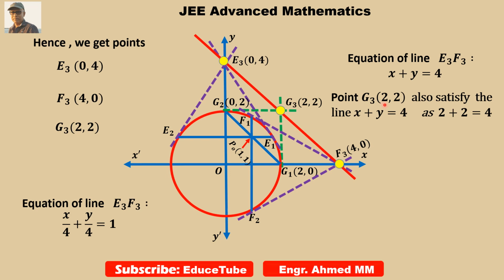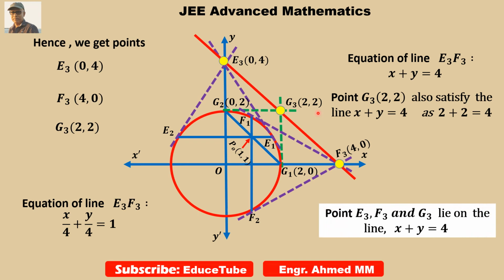So point G3, 2, 2, it also satisfies the line because if we put the values of x and y as 2, 2, it comes to 4, and the right hand side is 4, so it is okay. So these 3 points are on the line. Now we are sure. So points E3, F3, G3 lie on the line x plus y equal to 4. So we got the answer.